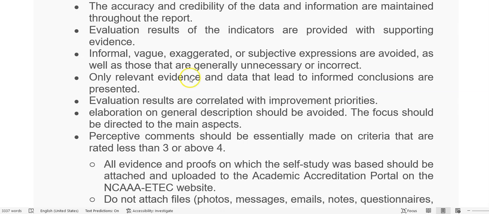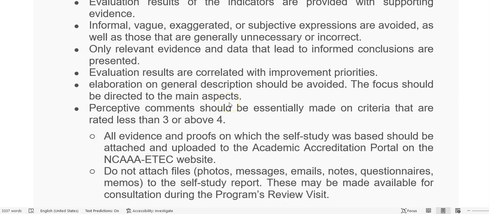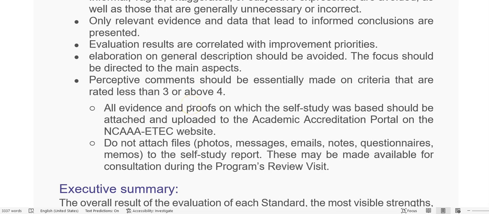Only relevant evidence and data that lead to informed conclusions are presented, which is important here. When you collect any information, you need to support it with the correct evidence related to this information. Evaluation results are correlated with improvement priorities.